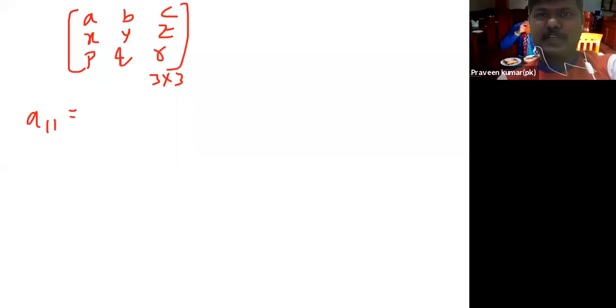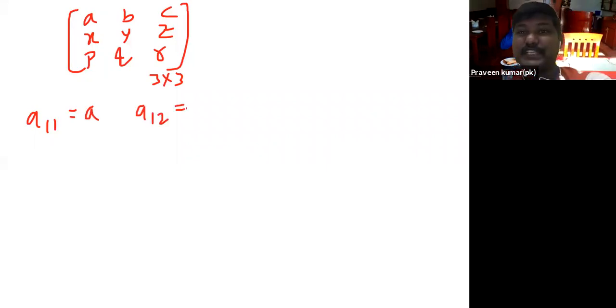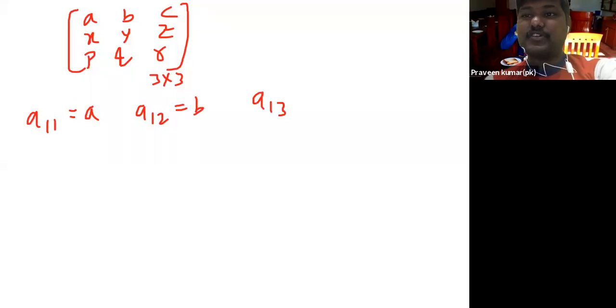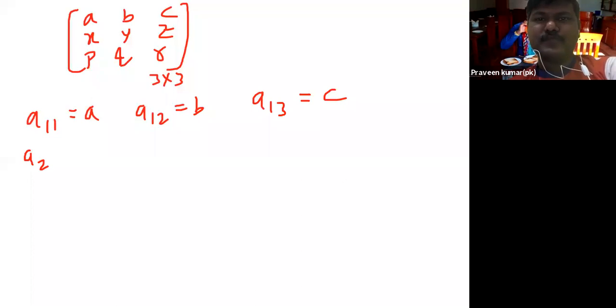First row, first element, A. What is A12? First row, second element. Correct, my dear students. B. A13. First row, third element. Very good. C.